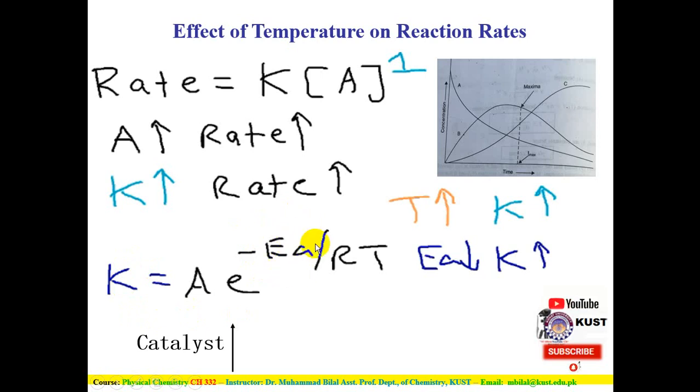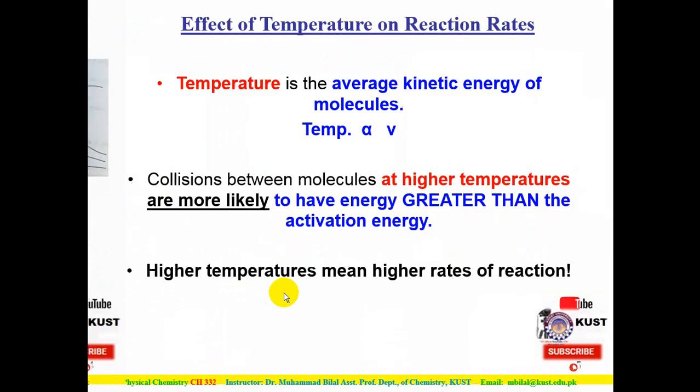The lower the activation energy, the higher the rate of the reaction, and the higher the activation energy value, the lower the reaction rate. The next one is the catalyst. A catalyst decreases the activation energy, so by adding a catalyst to the reaction, the rate of the reaction increases.